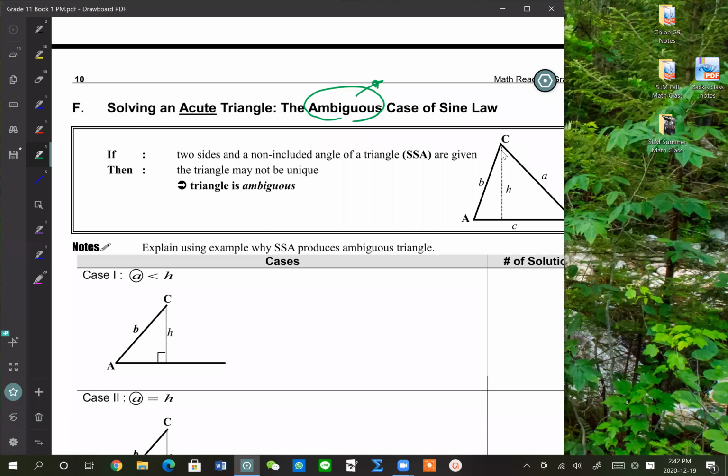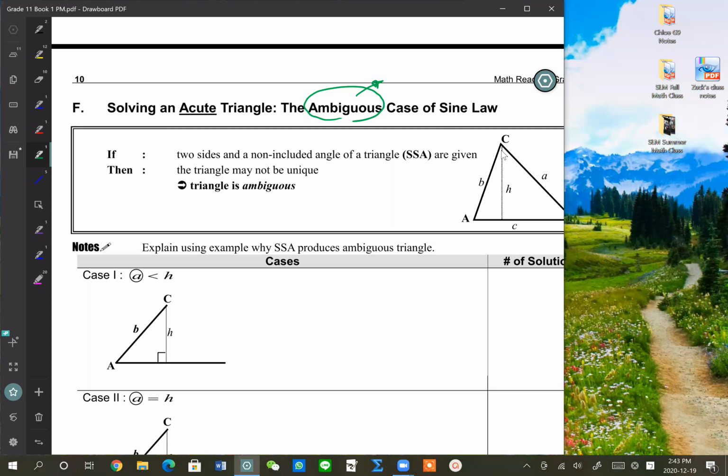If two sides and a not included angle of a triangle are given, then the triangle may not be unique. Oh, no, my question is just the word ambiguous. What does it mean? I don't know what it means. Okay. Have you heard of this word? Yes. Okay.